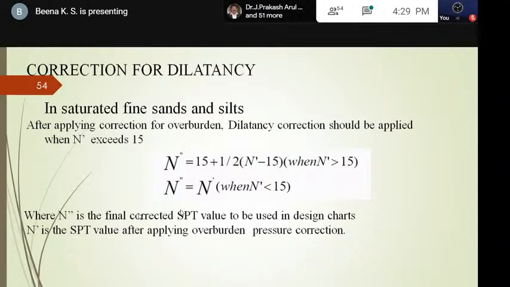Because in fine sands and silts the permeability will be low, and saturated soils mean the voids will be filled with water. So it can create some effect on the N value, that is, the resistance offered. During shearing of dense sand, normally the dilatancy correction is applied on saturated dense silty sands.